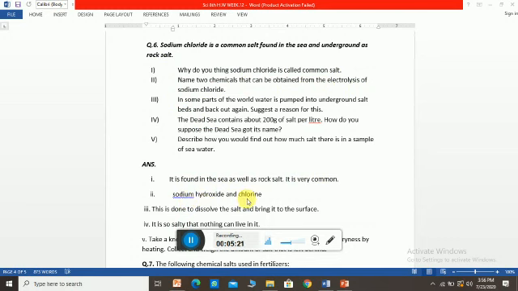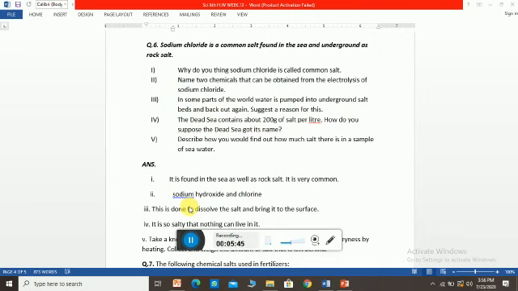The third one: in some parts of the world water is pumped into underground salt beds and back out again. Suggest a reason for this. The reason was simple, I told you in the lecture: this is done to dissolve the salt and bring it to the surface again.